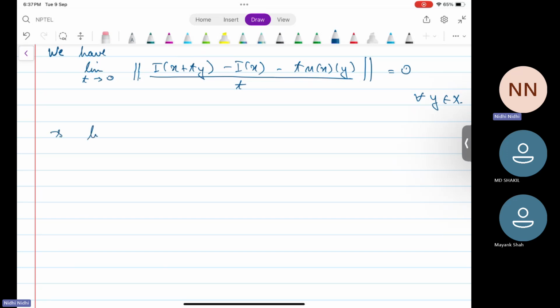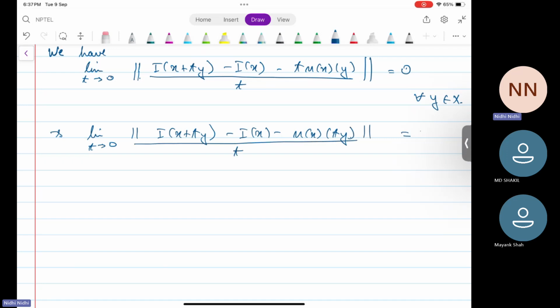So this implies the limit as t tends to 0 of (I(x + ty) - I(x) - ux(ty))/|t| is equal to 0, since I can take this t inside.